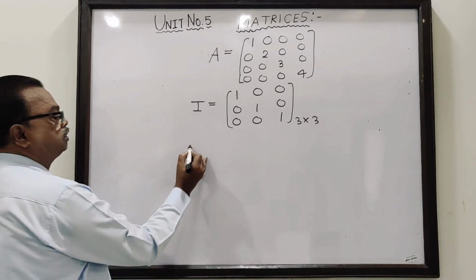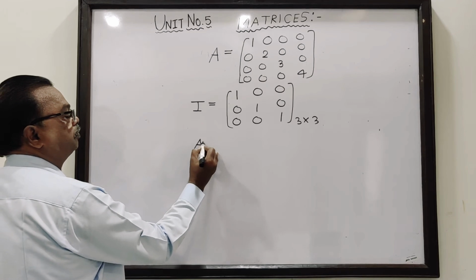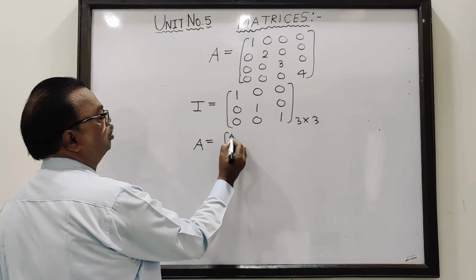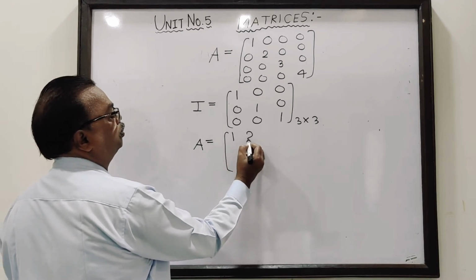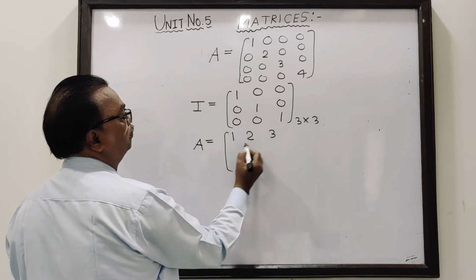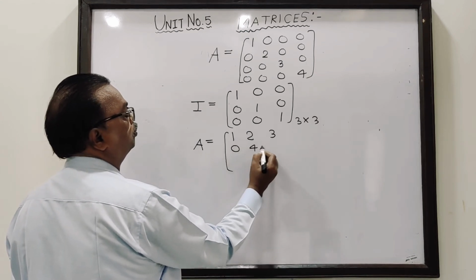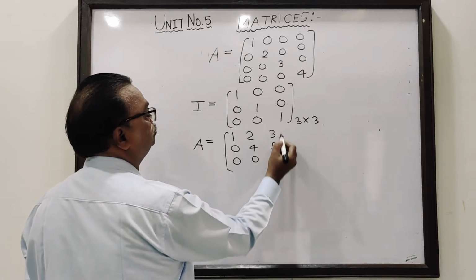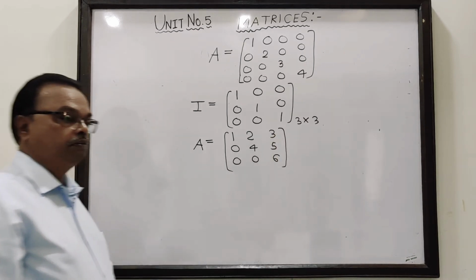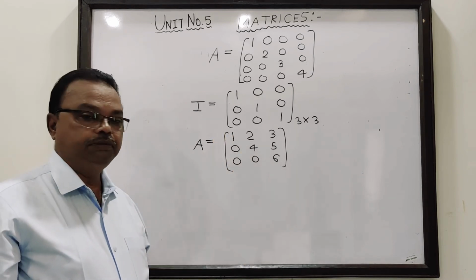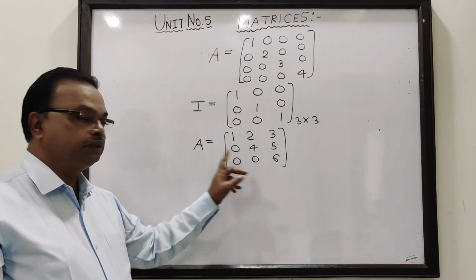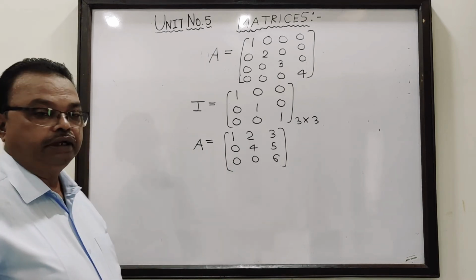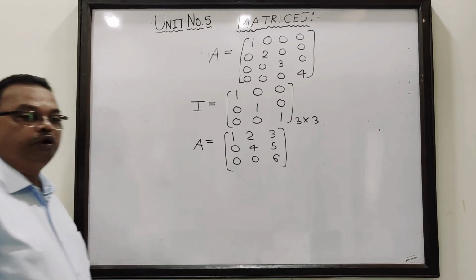For example, suppose I write this matrix A equal to: 1, 2, 3; 0, 4, 5; 0, 0, 6. So, this is the upper triangular matrix in which this is the principal diagonal. All the elements below the principal diagonal are 0. So, therefore, it is called an upper triangular matrix.